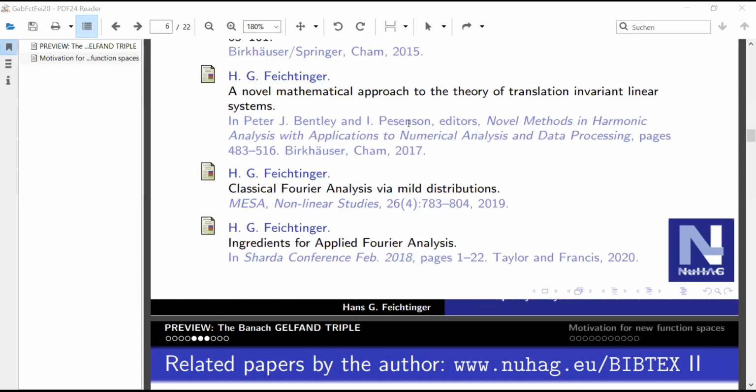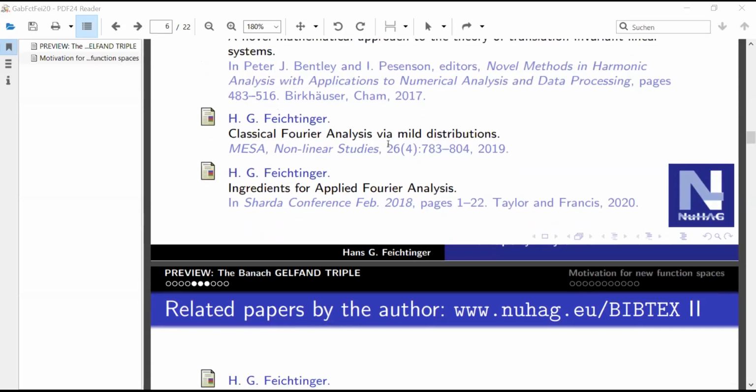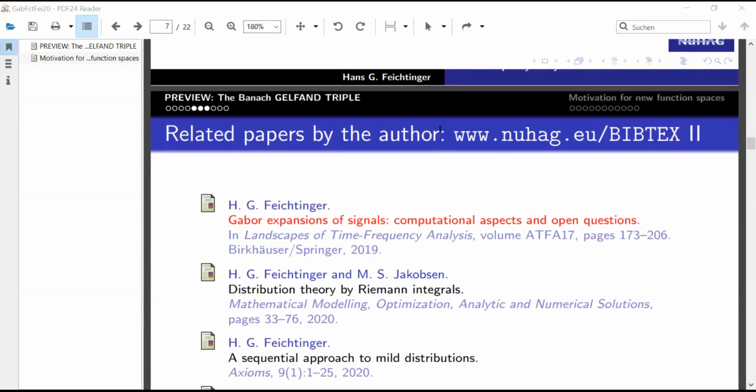Later on, then I realized that I can even do many things which are done a little bit cumbersome in classical Fourier analysis. And I call meanwhile the dual space S0 prime the space of mild distributions. So every mild distribution is a tempered distribution, if you're familiar with it. And in this setting, you can do a lot of things from classical Fourier analysis.